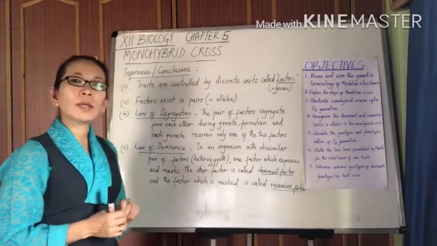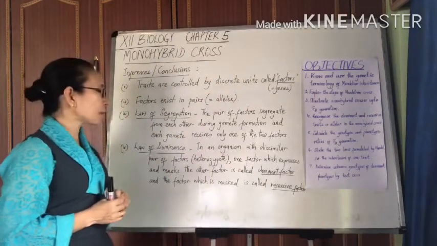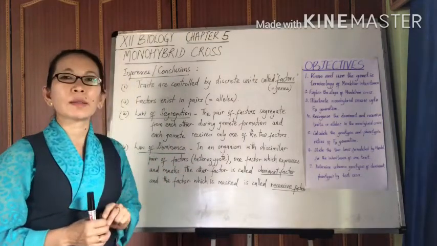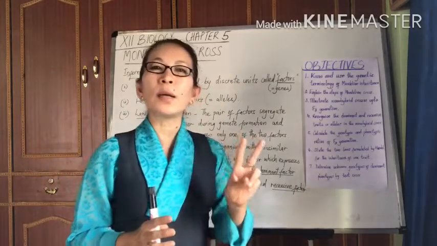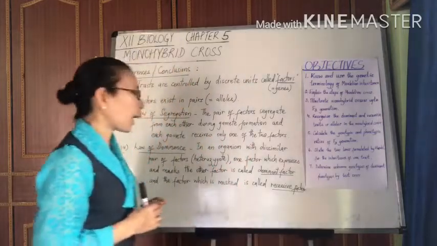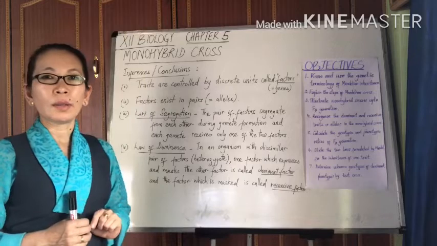And the second law that he also proposed was the law of dominance. This law states that in an organism with a dissimilar pair of factors, so if an organism has two dissimilar alleles for a particular trait, or if an organism has a heterozygous genotype, right?